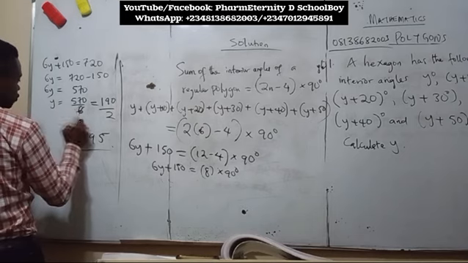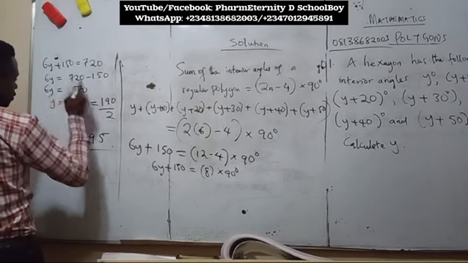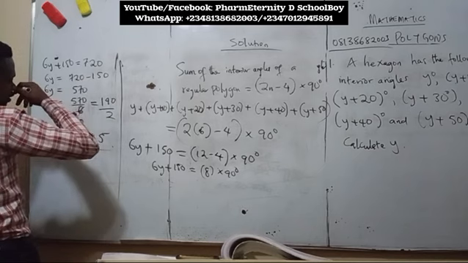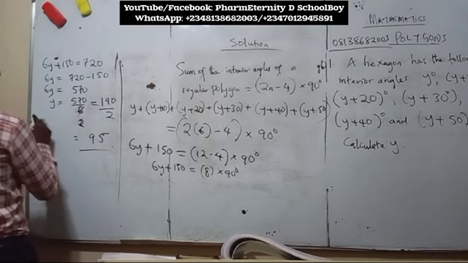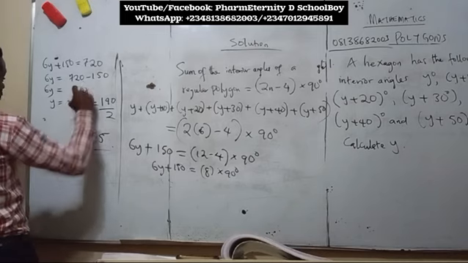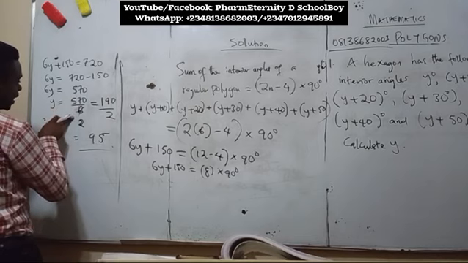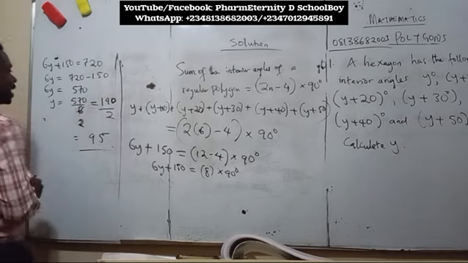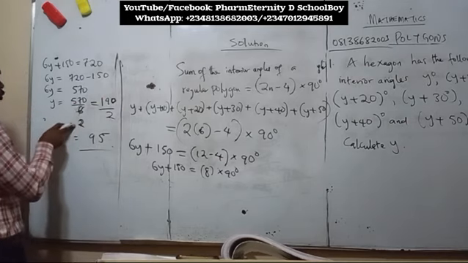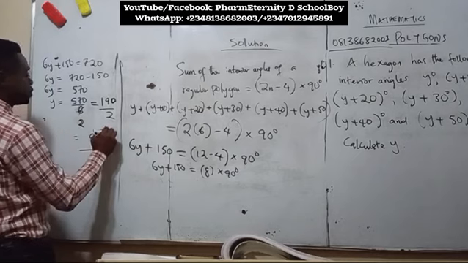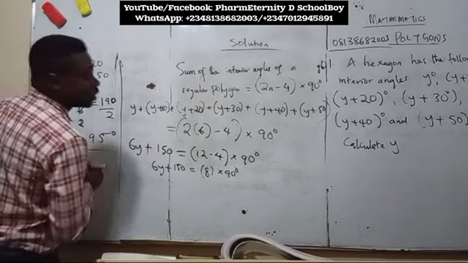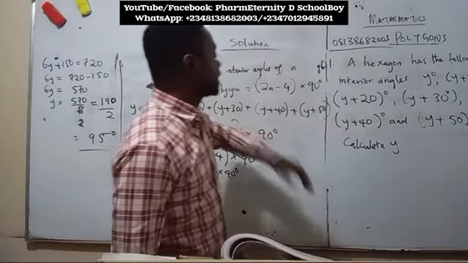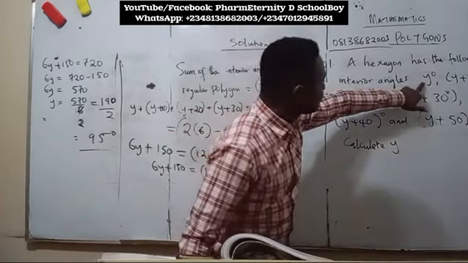Degrees. So y is 95 degrees. So these angles are simply 95.